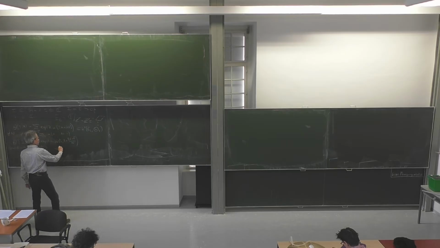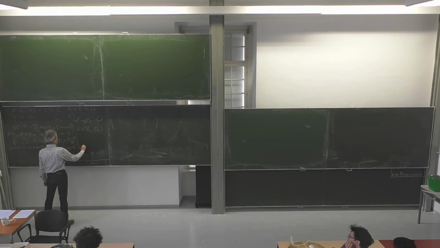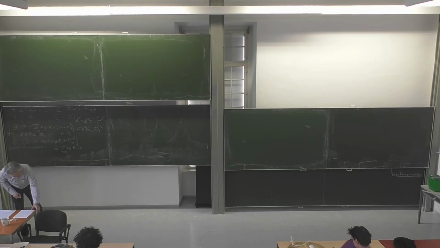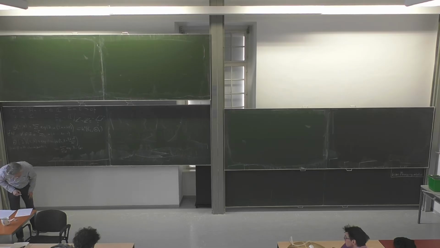So this is the sum over all n and z of the exponential pi i n plus, not try to write this formula by heart at any point, as I learned the hard way. But I will anyway.